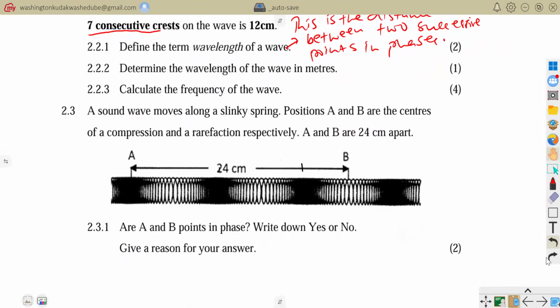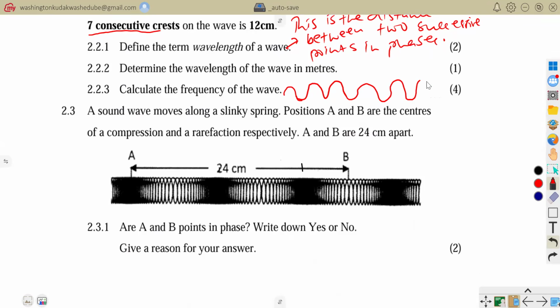So 7 consecutive crests would look like this. I would be having 1, 2, 3. Don't mind my diagram there.